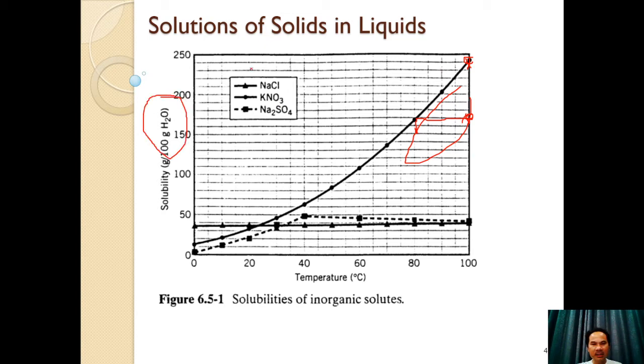I suppose at this point it is approximately 240 gram of calcium nitrate per 100 gram of water. It is the solubility of calcium nitrate at 100 degrees.